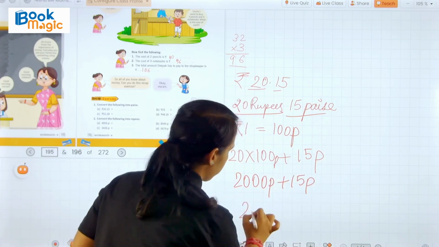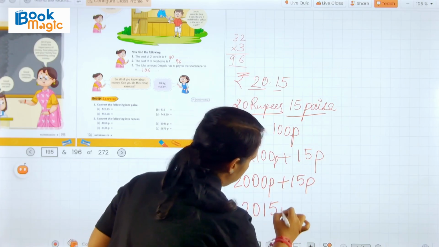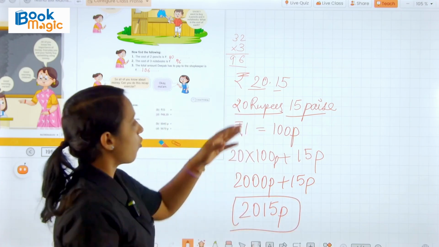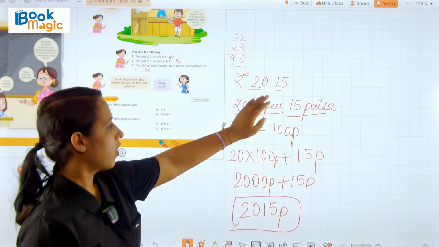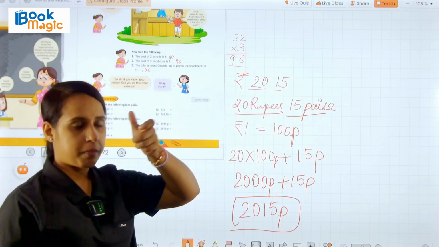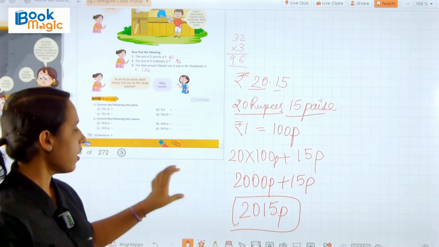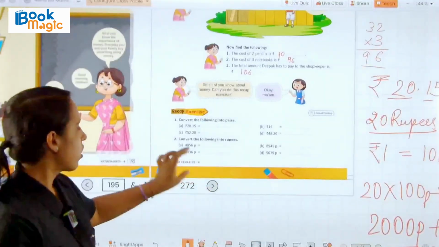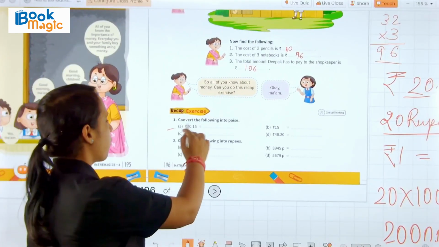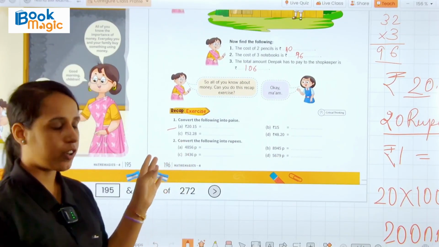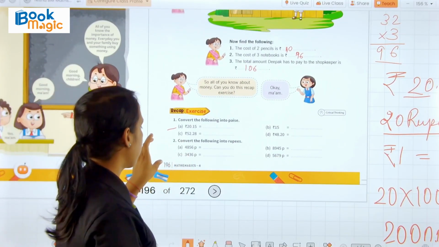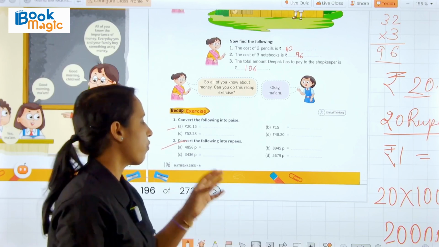That will become 2015 paise. So 20 rupees 15 पैसे को अगर हम पैसे में कन्वर्ट करते हैं तो that will become 2015 पैसे. When I solve this for you, the rest of the parts you will try to solve by yourself.